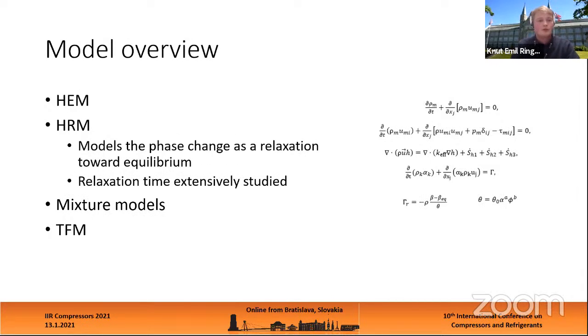While when we move down to the relaxation models, here instead of assuming that the phase fraction is at equilibrium at all times, we have to model the phase change as a relaxation process towards that equilibrium. That relaxation process is governed by a relaxation timescale, which has been extensively studied in the previous works. And we use one of the more complicated models in this comparative work.